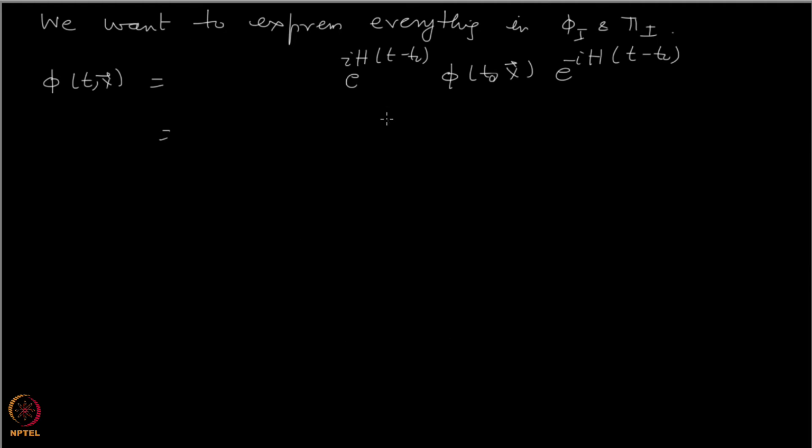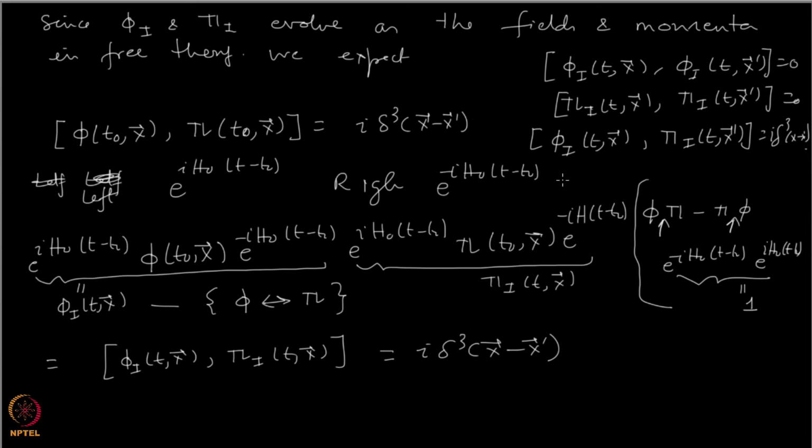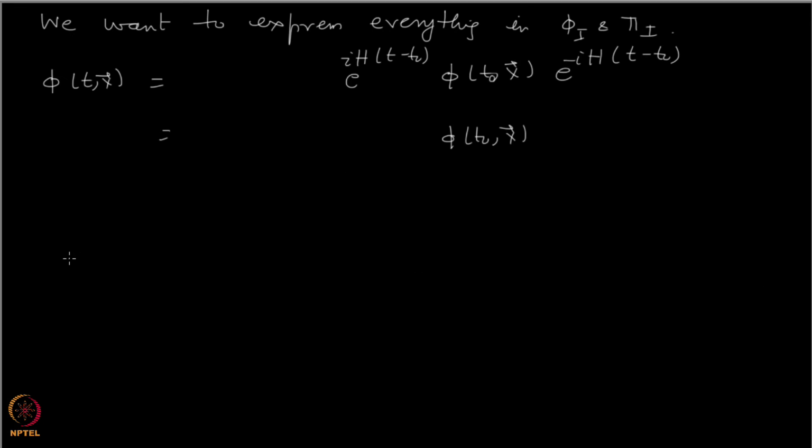So this becomes, let me start with here. So let's see what we have to write. So I want to have plus i H naught on the left. So I write e to the i H naught (t minus t naught), but then I should kill it, and this guy is there.